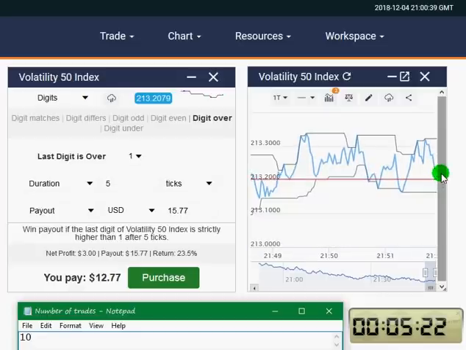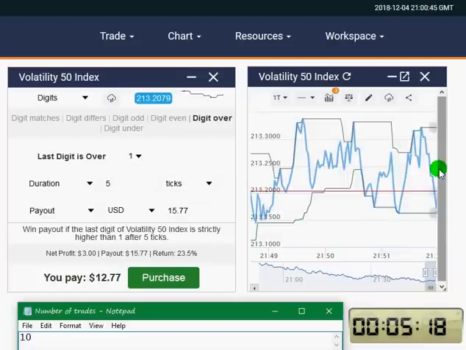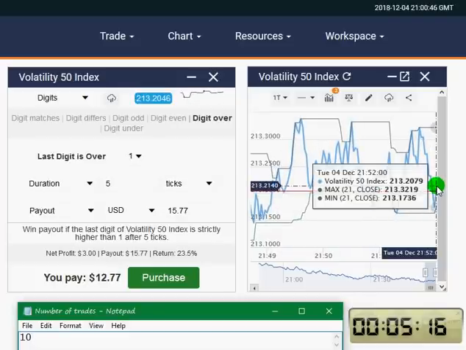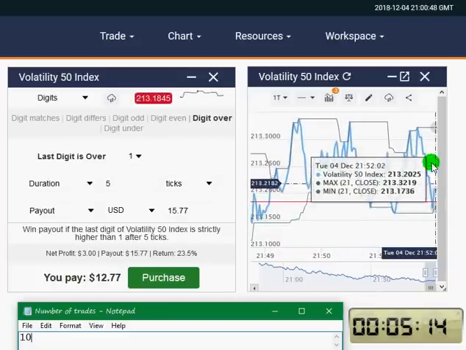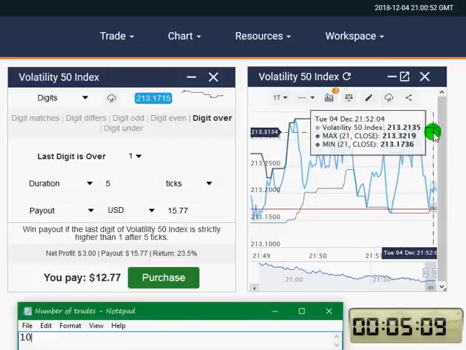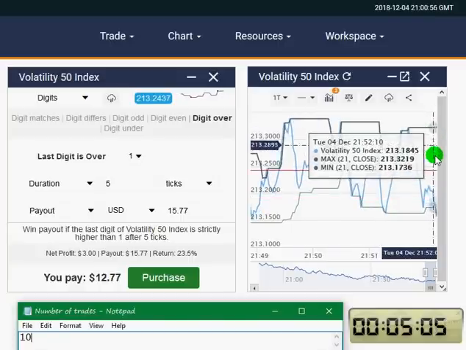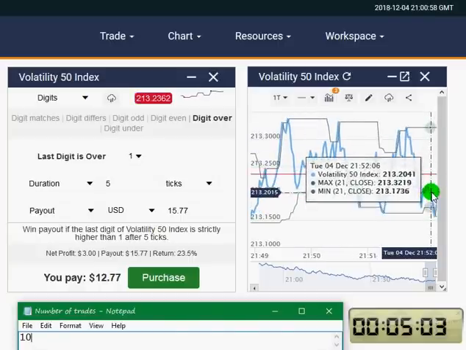So I have to wait again for this chart to move to overlap the maximum indicator or move past it.